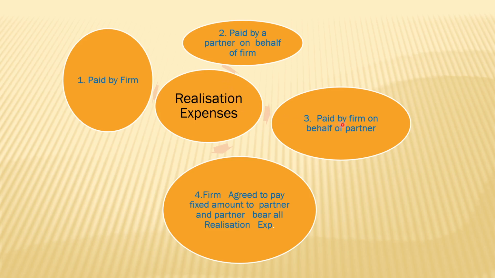Third situation: paid by the firm on behalf of the partner. Ultimately it is paid by the firm, but it should have been paid by a particular partner. So it is assumed that the partnership firm is repaying some amount to that partner.